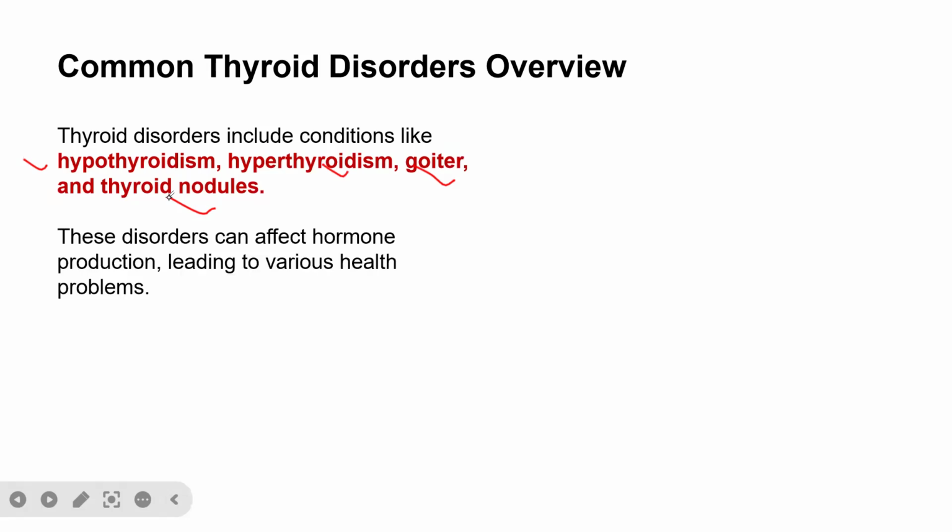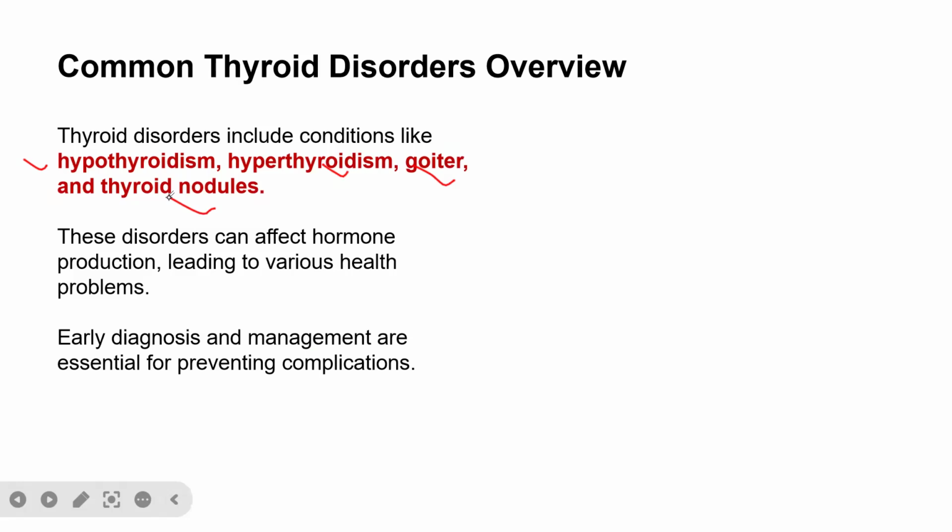These disorders can affect hormone production, leading to various health problems. Because if there is a problem with these hormones, there will be a problem with metabolism, growth, as well as the development of an individual.